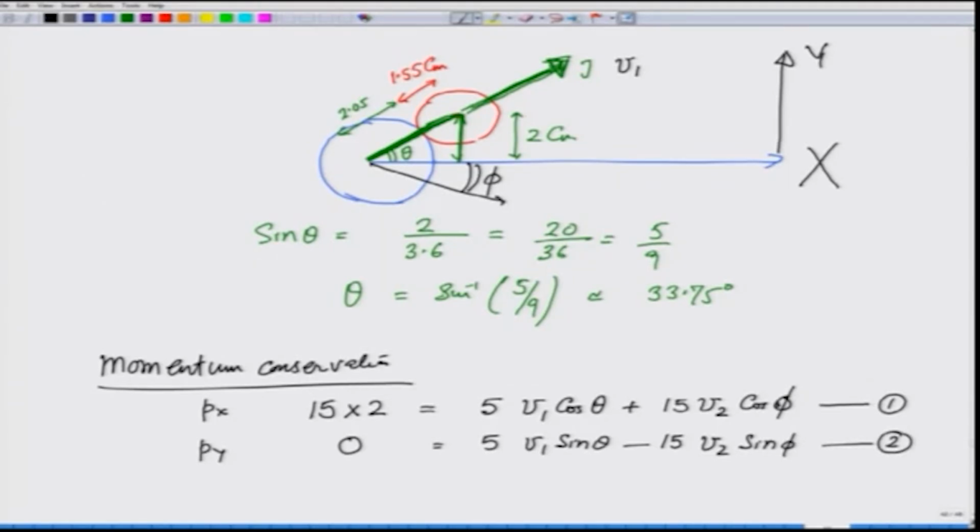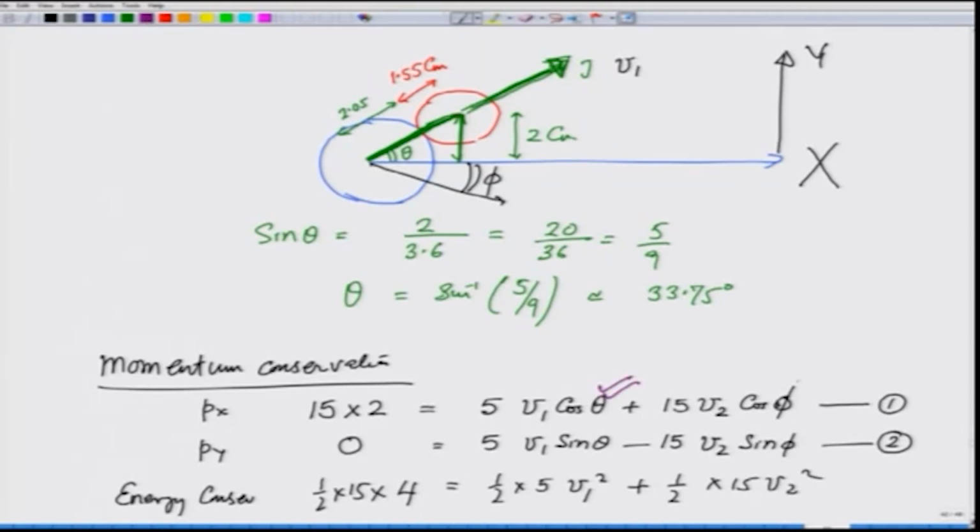Equation number 3 is going to be energy conservation, and that will give me 1/2 times 15 times 2 square is 4, that is the initial kinetic energy, is going to be 1/2 times 5 v1 square plus 1/2 times 15 v2 square. How many unknowns do we have? I already know theta, so I do not know phi, I do not know v2, and I do not know v1. 3 unknowns and 3 equations.